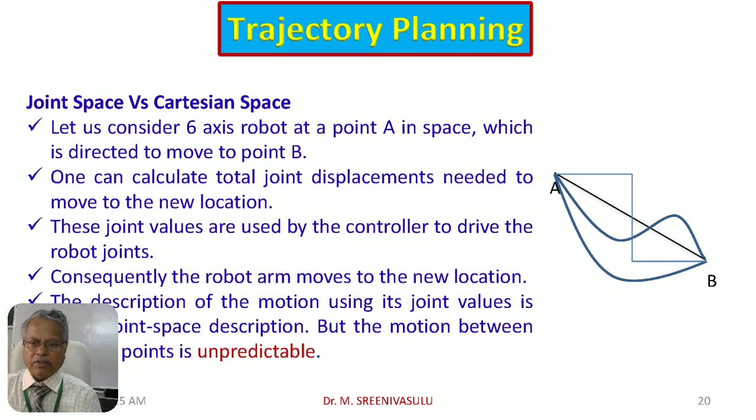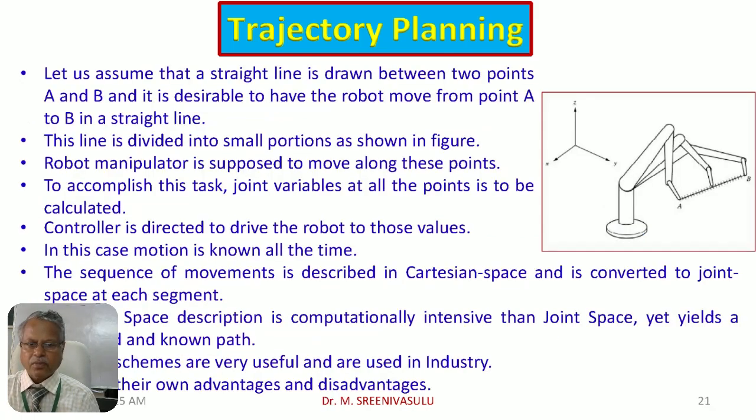You can see you have a six-axis robot, and you are supposed to move the robot from point A to point B. When you consider this through joint values, so you are bothering about joint space, we will not be able to predict how exactly it is going to travel between point A and B. Four different ways have been shown. It might follow one out of these four or something else. So motion between them is unpredictable.